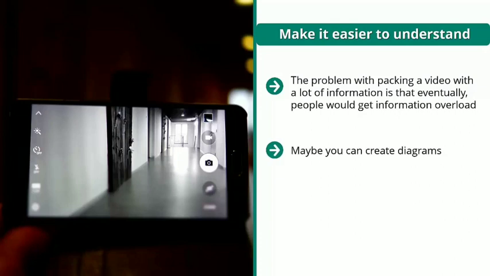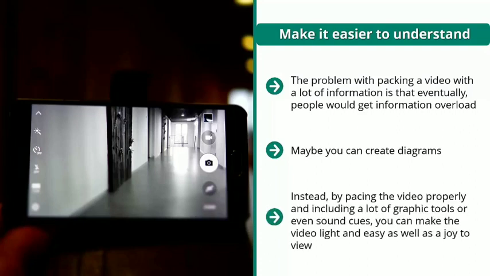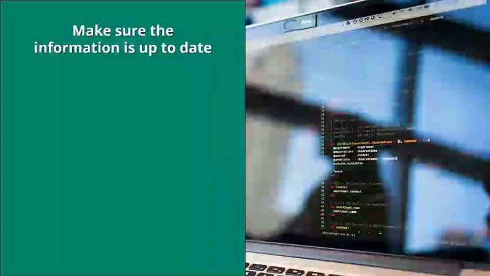Maybe there's a nice little outline that flashes from time to time. Whatever the case may be, just because you put a lot of information in a video doesn't necessarily mean that it has to be boring or feel heavy. Instead, by placing the video properly and including a lot of graphic tools or even sound cues, you can make the video light and easy as well as a joy to view. It is possible.